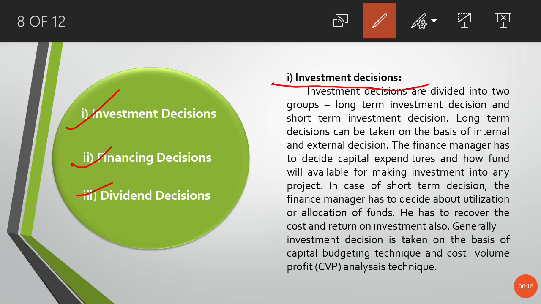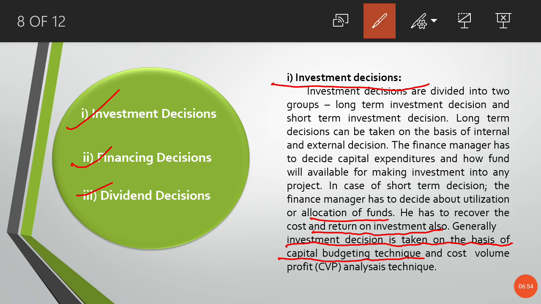The finance manager has to decide capital expenditure and how funds will be available for making investment in any project. In case of short-term decisions, the finance manager has to decide about utilization or allocation of funds. He has to recover the cost and return on investment also. Generally, investment decision is taken on the basis of capital budgeting techniques and cost-volume-profit analysis technique.